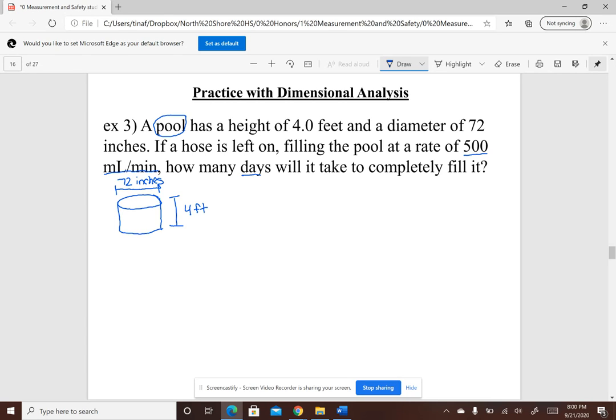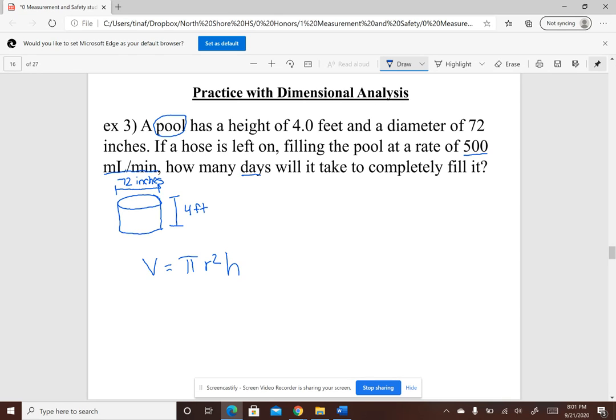So if you think about volume, right? So volume for a cylinder is pi r squared h, right? Now, if the pool is being filled in milliliters per minute, I know that 1 milliliter is equal to 1 centimeter cubed.